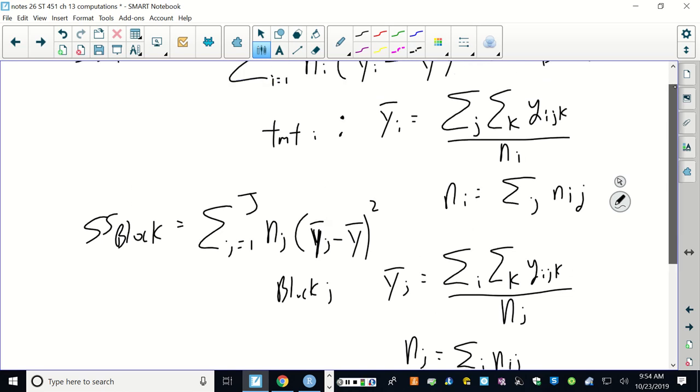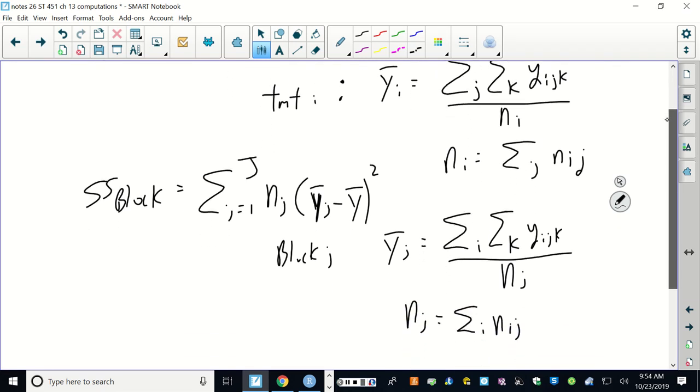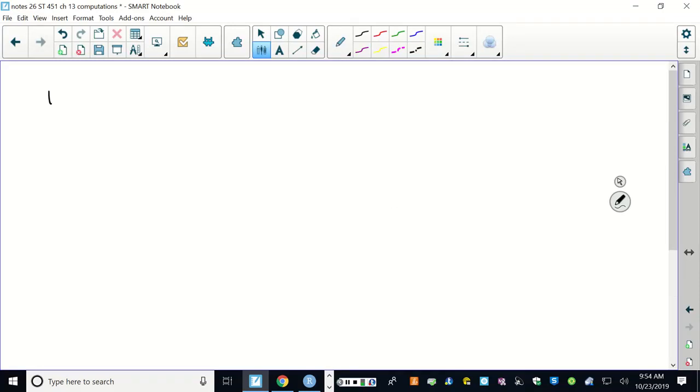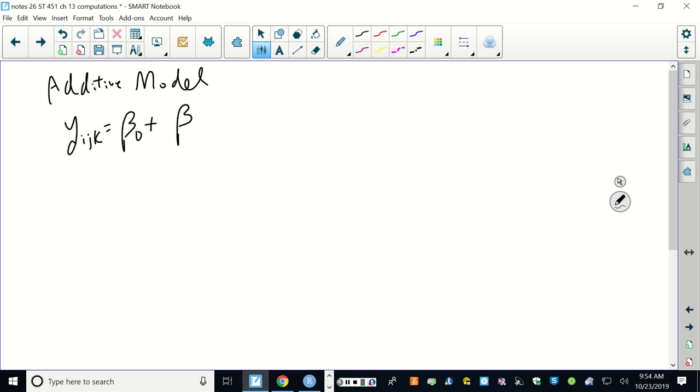So we have a sum of squares total, sum of squares treatment, sum of squares block. Then in the additive model, the additive model said y_ijk is a sum of an effect for treatment, an effect for block, plus some error.